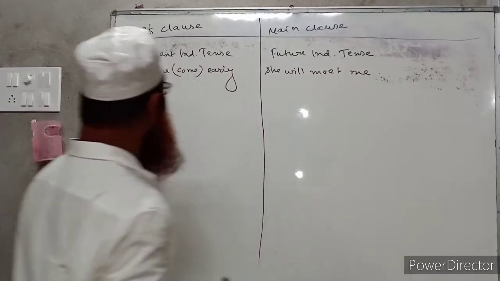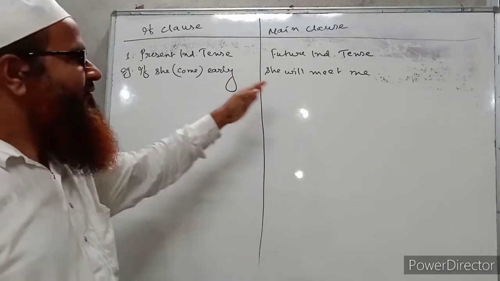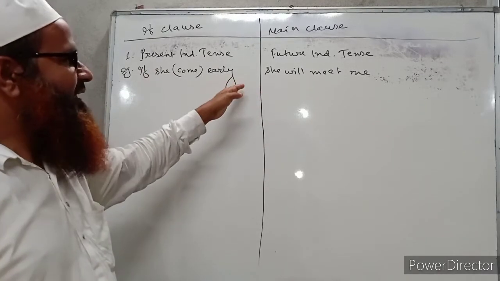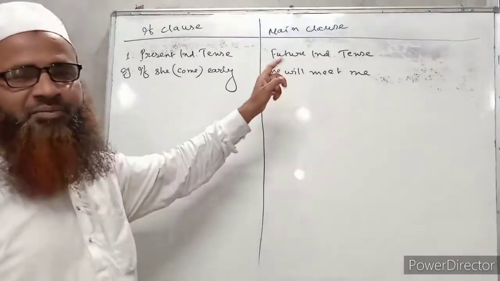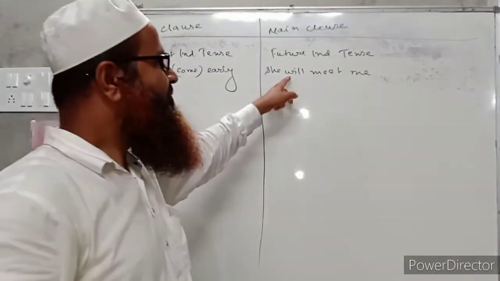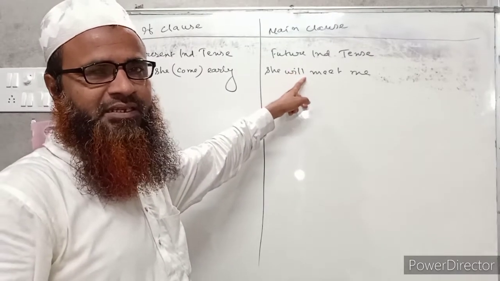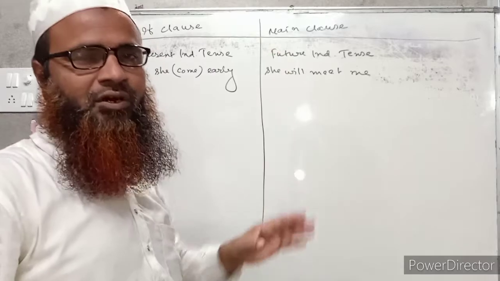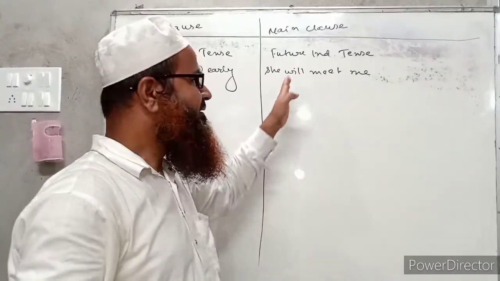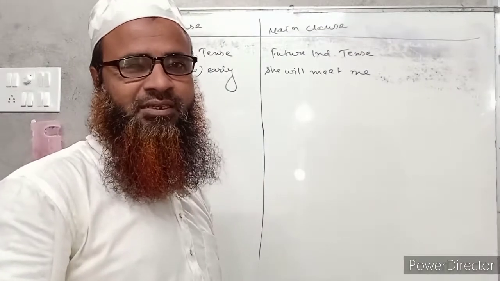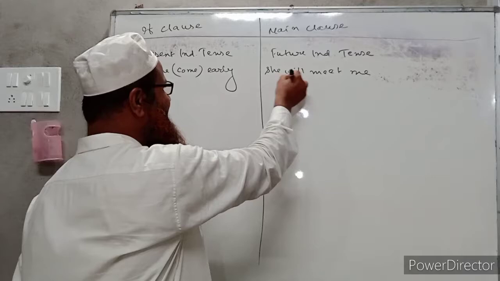So here is the sentence, if she comes early, she will meet me. So in this sentence I have written the main clause or the principal clause in future tense. You have seen it. There is will present here, and we know when there is shall or will in a sentence, then the sentence becomes of the future tense. Okay, so will is present here.